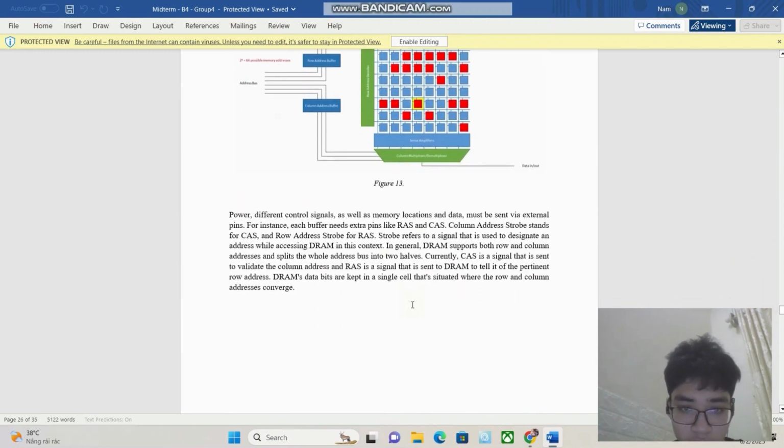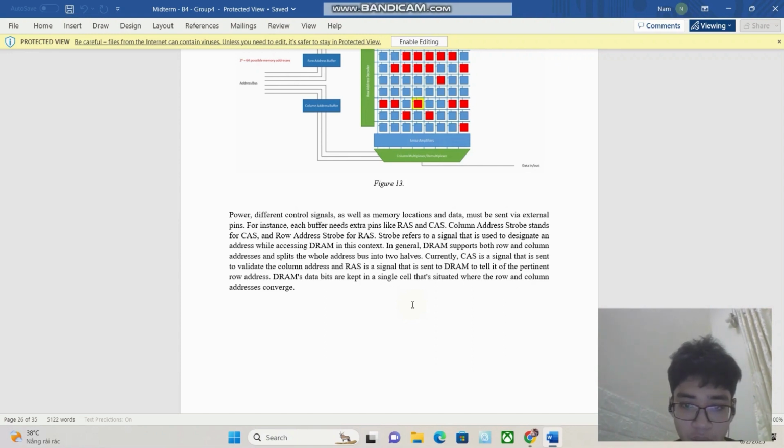Power, different control signals, as well as memory location and data must be sent via external pins. For instance, each buffer needs extra pins like RAS and CAS. Column address strobe stands for CAS and row address strobe for RAS. Strobe refers to a signal that is used to designate an address while accessing DRAM in this context.